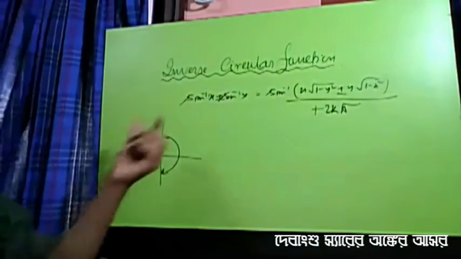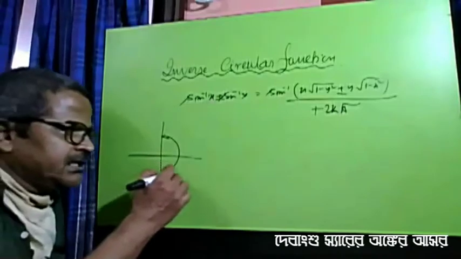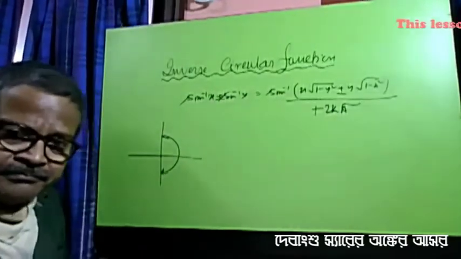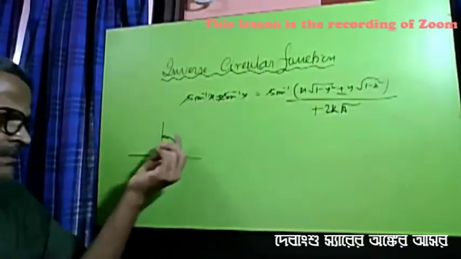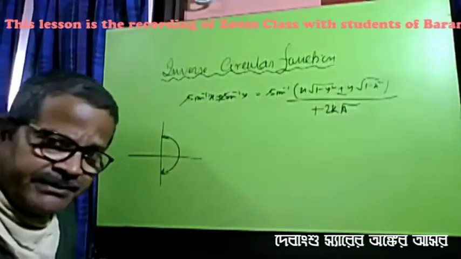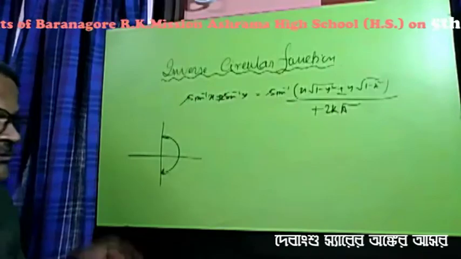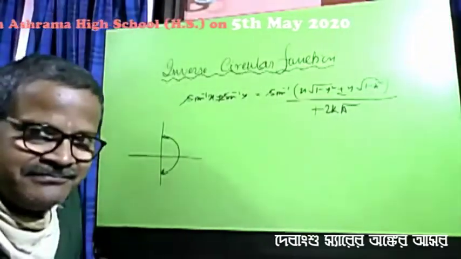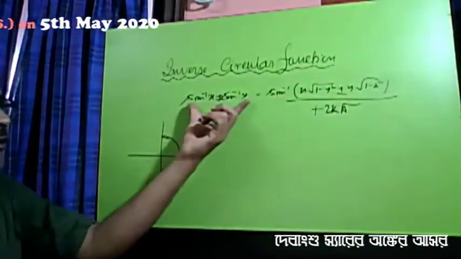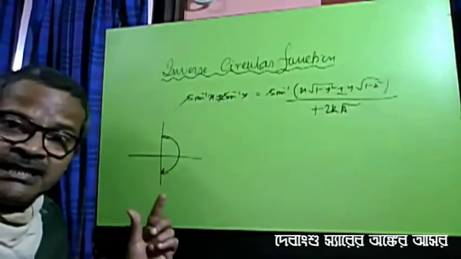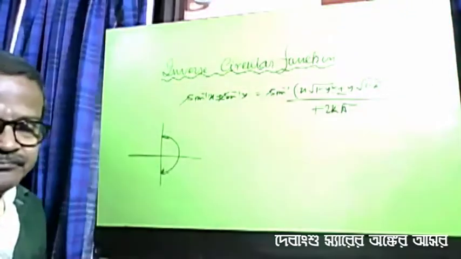Each of these values lies between minus pi by 2 to plus pi by 2. So their sum and difference lies between minus pi to plus pi. So the value of the left side lies between minus pi to plus pi.